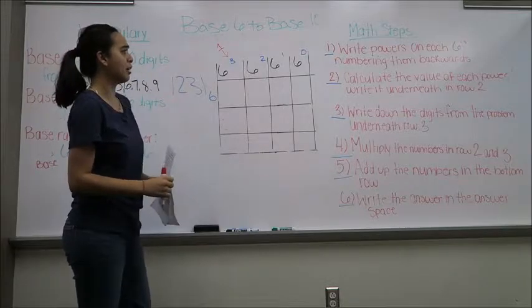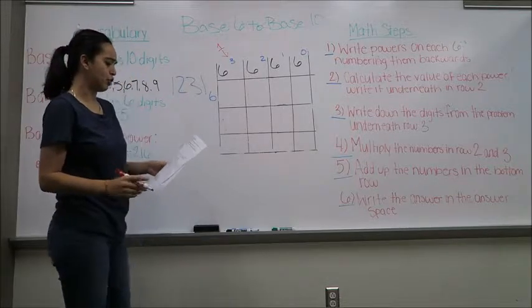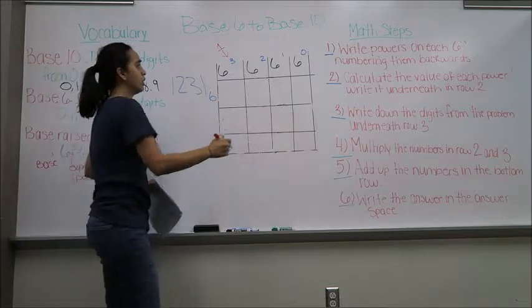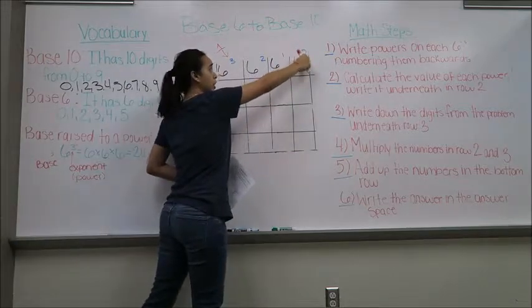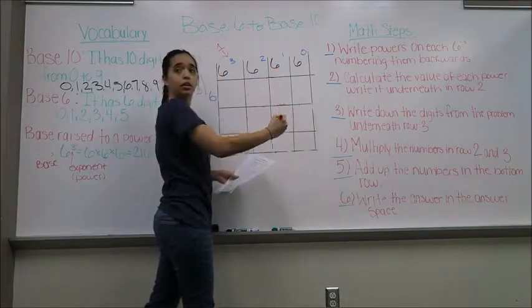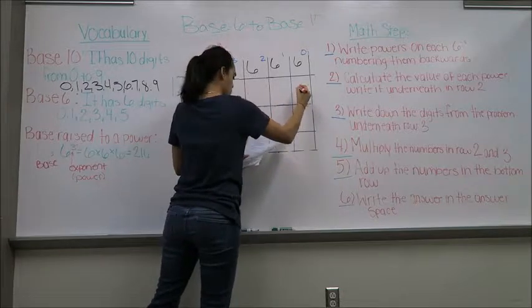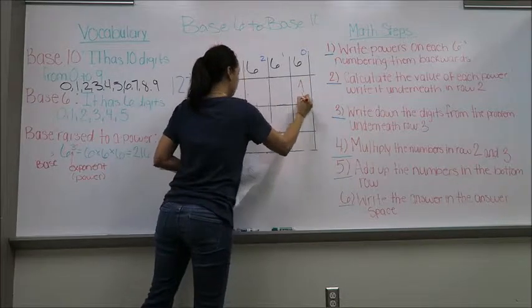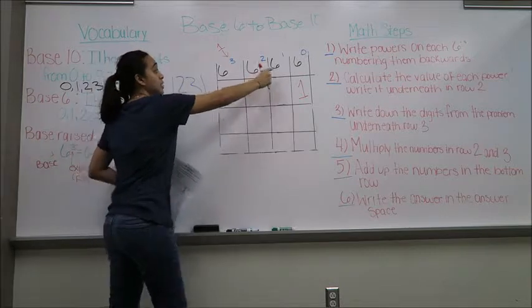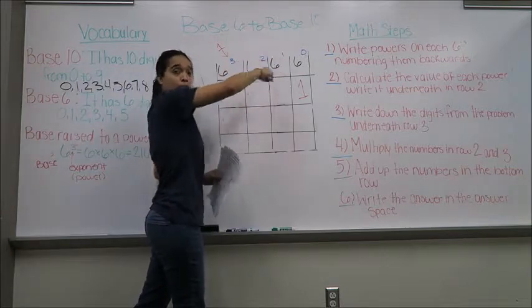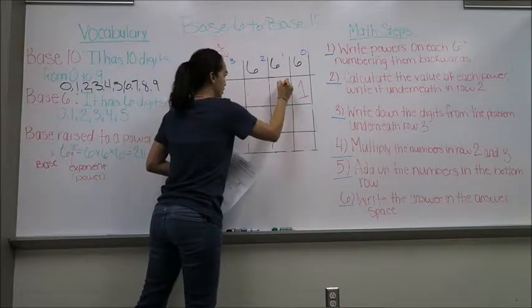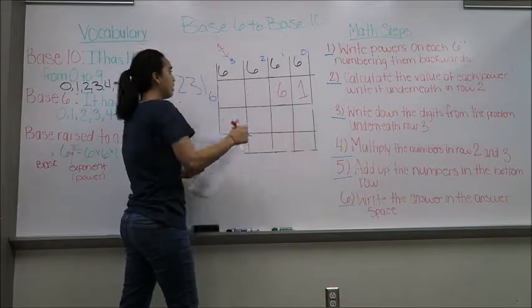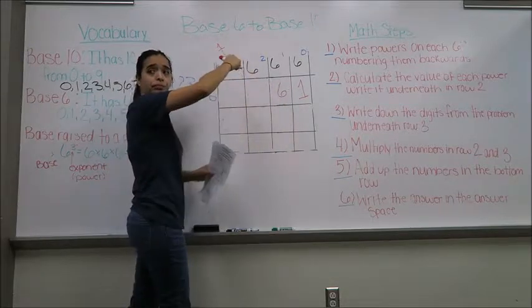Second step, calculate the values of each power and write them underneath in row 2. 6 to the 0 power, which is 1. 6 to the first power, which is 6. Yes, that is 6. 6 to the second power.